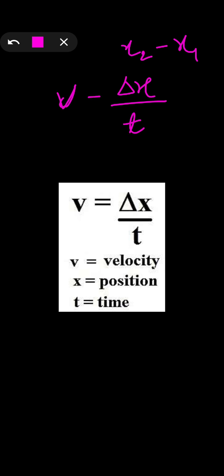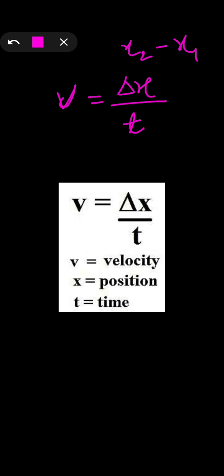So the speed of the body to cover the path of the circle is said to be the velocity. But in the linear case we have studied the change in position, that is x2 minus x1, given as del x. The change in position with respect to time is said to be the velocity, and we know linear velocity is given by the letter v, and it is equal to del x upon t.